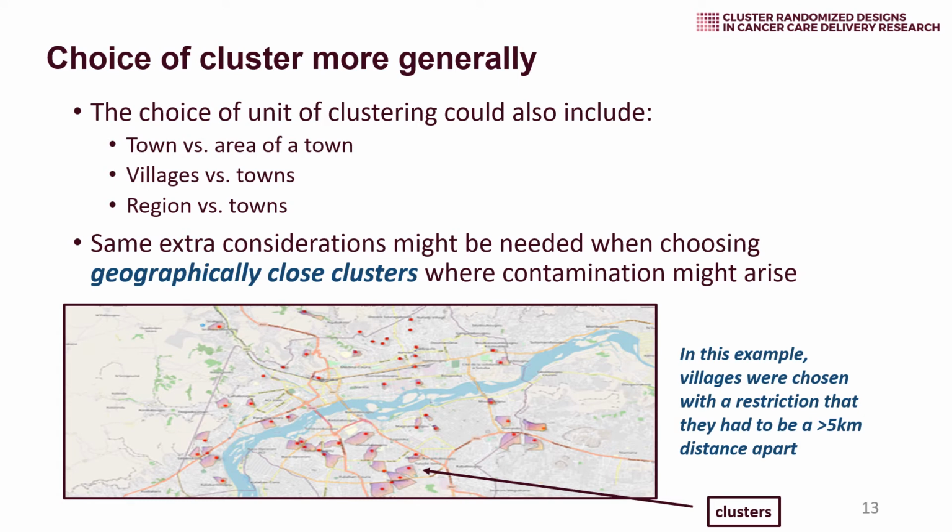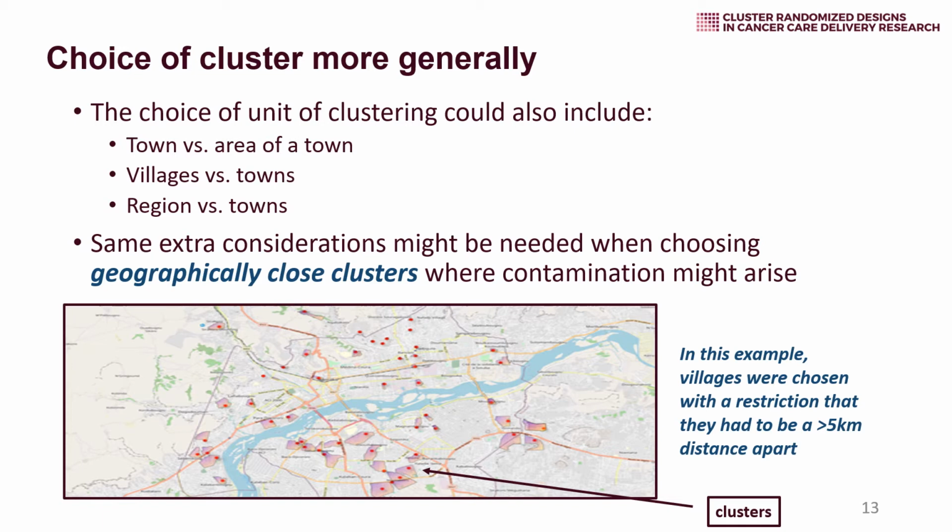There are also some extra considerations that we might need to consider. We thought about the choice of clustering between hospital versus ward, general practice versus general practitioner, school versus class. But there are also considerations with geographical choices, for example, town versus area of a town.